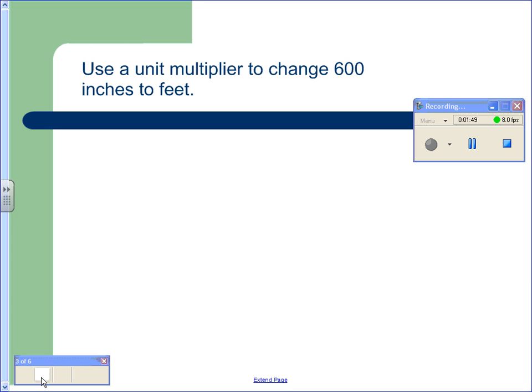All right, so we want to change 600 inches to feet. All right, so you set up like this. Are y'all listening or are y'all talking?